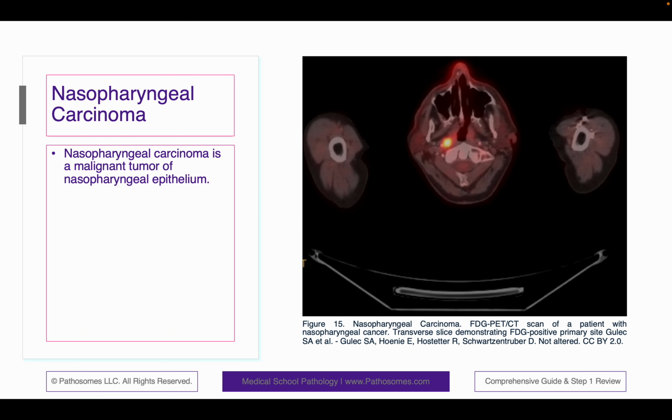Now this is bad. This is a nasopharyngeal carcinoma. Nasopharyngeal carcinomas are a malignant type of tumor of the nasopharyngeal epithelium. To the right, we can see a FDG PET CT scan that is lighting up for a nasopharyngeal carcinoma.